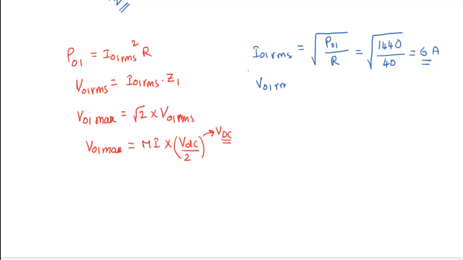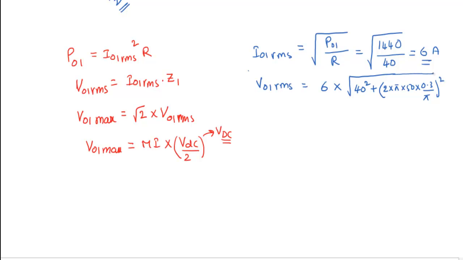Then get the V01 RMS value. V01 RMS value is I01, 6, into Z1. Z1 is the impedance at the fundamental frequency. That's the root of 40 squared plus, with L given as 0.3 by pi, 2 pi f, where f is 50 Hz, into L, that is 0.3 by pi, whole squared.